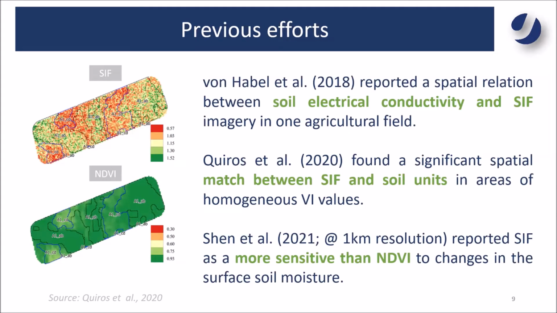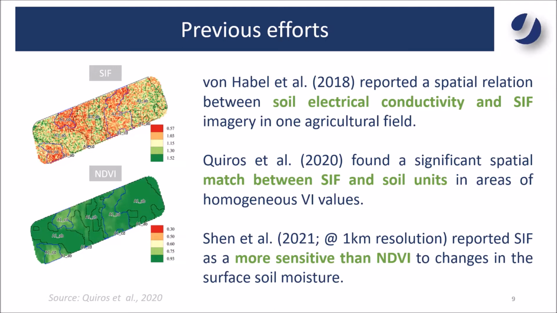From the previous efforts, the first effort in this direction of comparing soil properties and SIF data was done by Von Havel, who is also from Jülich, but from another institute. He did it in 2018, reporting a spatial relation between soil properties, specifically soil electrical conductivity, and the sun-induced chlorophyll fluorescence in one agricultural field.